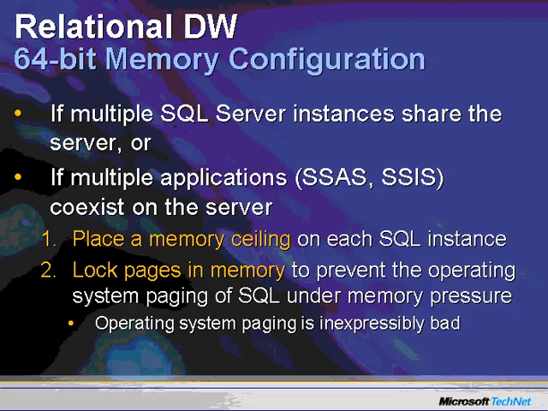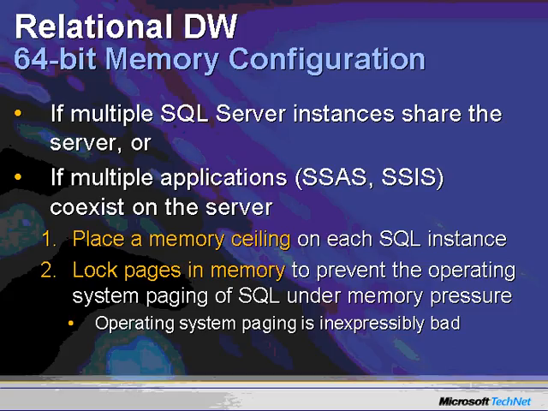The next kind of technical warning that I have for you on the relational database is about configuring 64-bit memory. What a lot of people are doing is putting multiple applications or multiple SQL Server instances on the same server, the same 64-bit server.